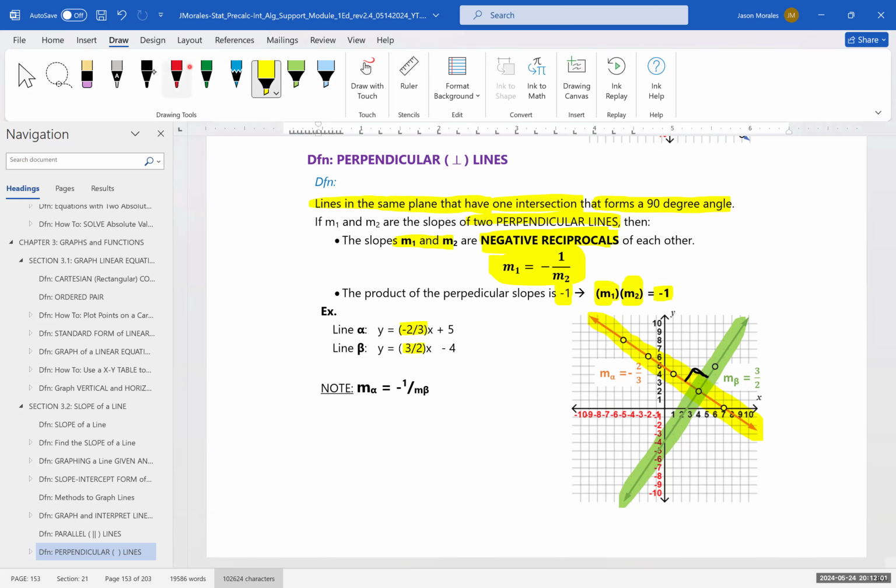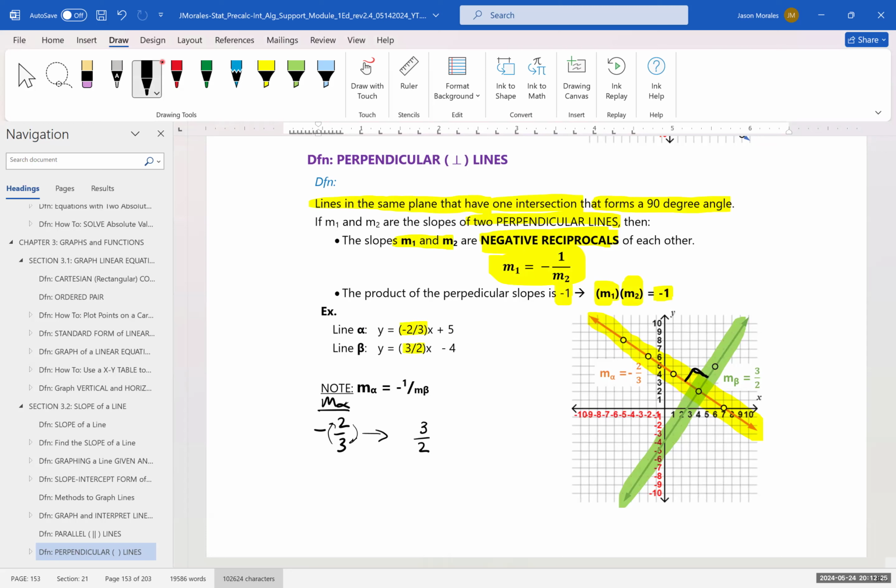So let me kind of show you here. If we've got -2/3, this is the slope of line alpha. Now, if we take 2/3 and we rotate the numerator and denominator, we get 3/2. And then we just take the negative of what we've got there.